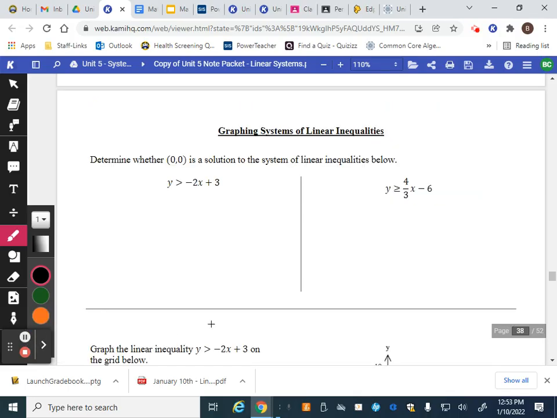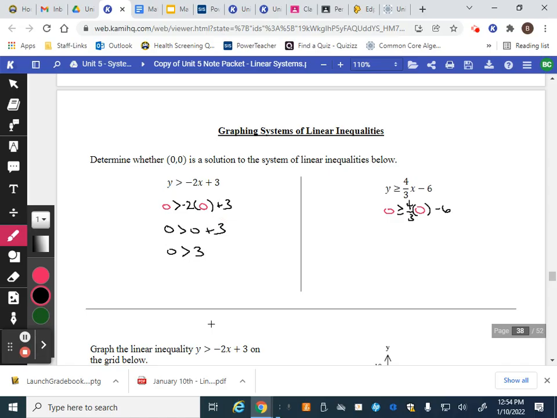All right, so let's start getting into the graphing of these systems of linear inequalities. We're going to test 0, 0 first. So I'm going to plug 0, 0 into both these inequalities. Y is greater than -2x plus 3. Y is greater than or equal to 4/3 x minus 6. If we plug in 0, 0, zero times anything is 0.